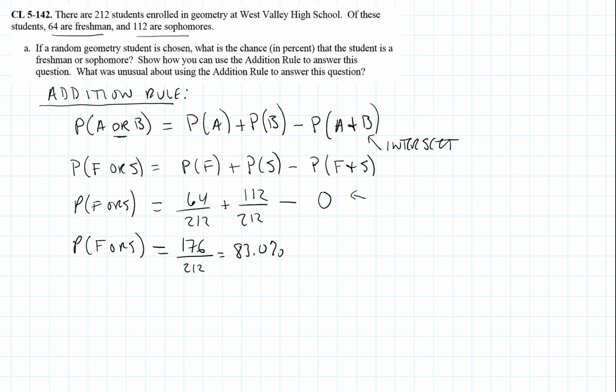All right. So then it says, what was unusual about using the addition rule to answer this question? The intersection being 0 was unusual.